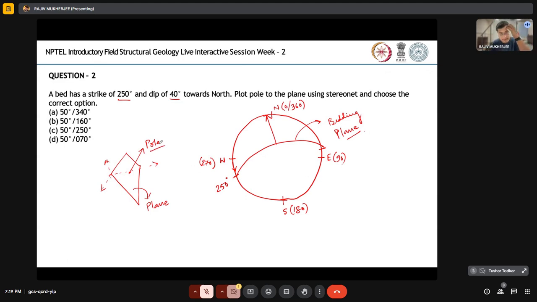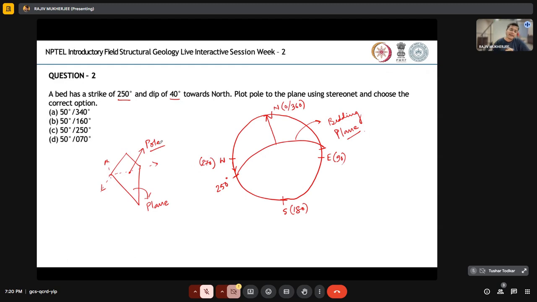Since in stereographic projection, planes get transformed to lines, we reduce the dimensions. Then for lines, it would obviously become points. So like a fold axis, pole is also an axis, and it will obviously come as a point.